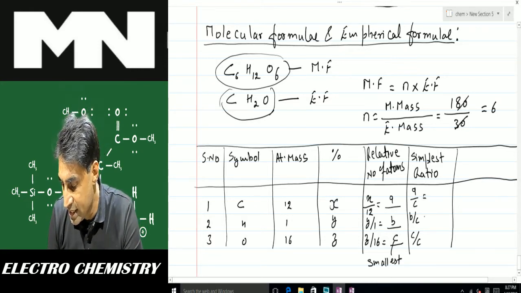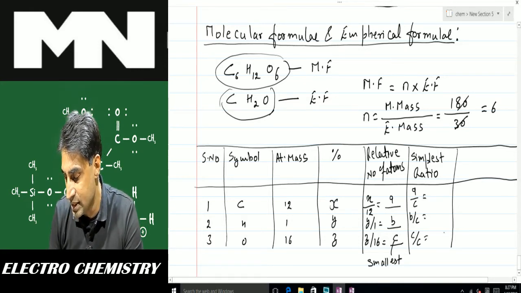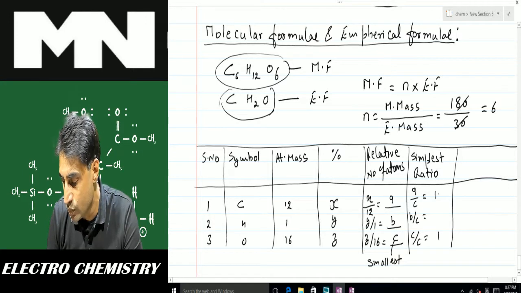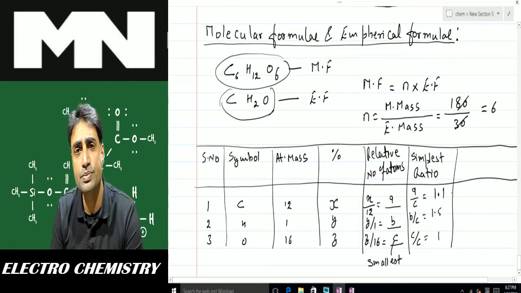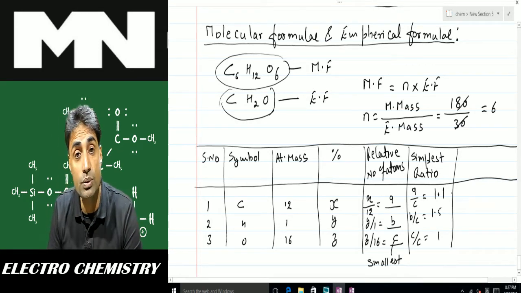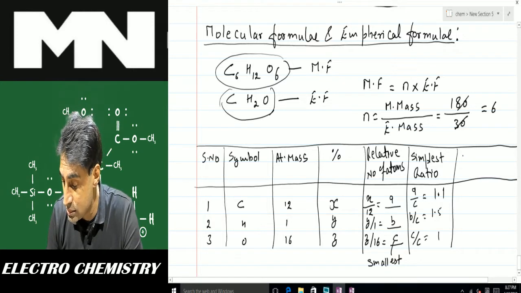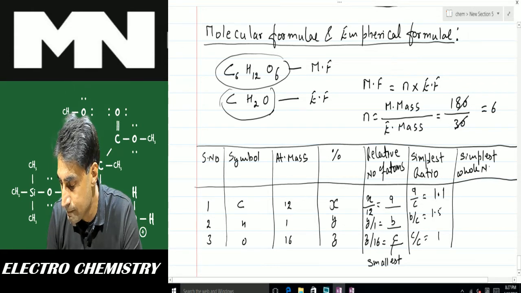Now suppose I am getting values like 1, 1.1 and 1.5. We can round them off to get the simplest whole number ratio.